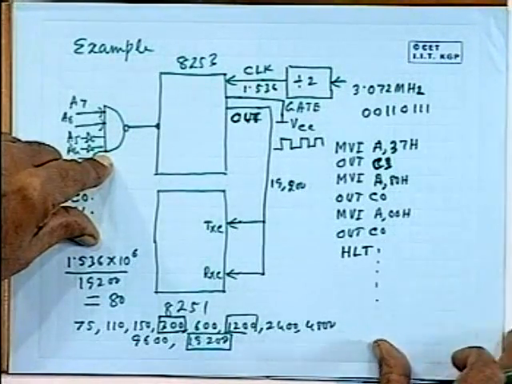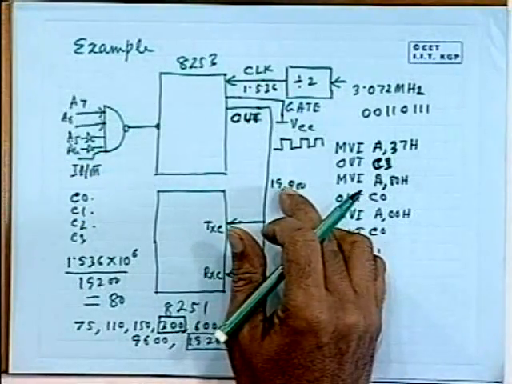So this is the beauty of programmable IO chips. With the help of programmable IO chips, we have seen that once the initialization is done, it keeps on doing the corresponding task independently without the intervention of the microprocessor.